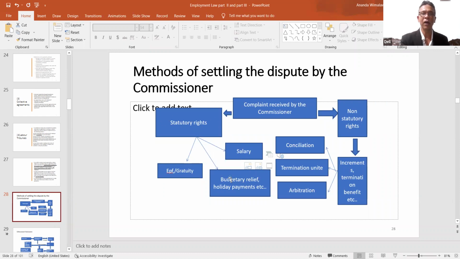These are violations of statutory rights. People used to call it right-based, but those are not disputes, they are violations of rights. So all complaints received by the Labor Department are put into two baskets. One is the statutory rights basket. The other one is the non-statutory rights basket.